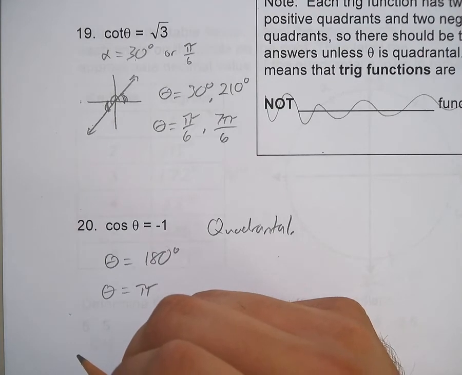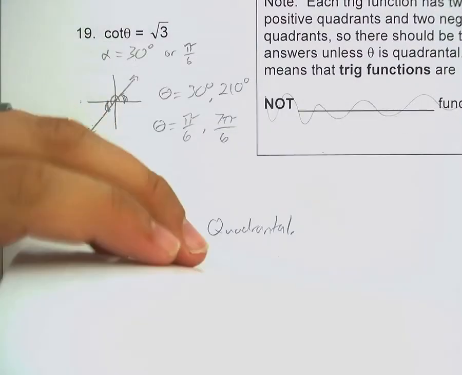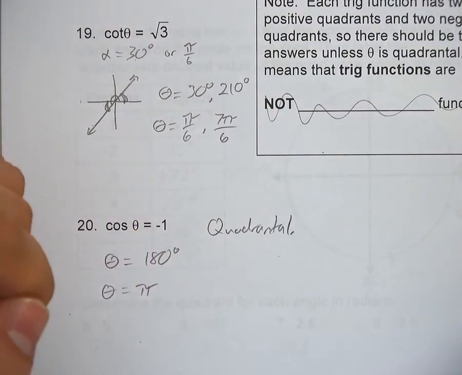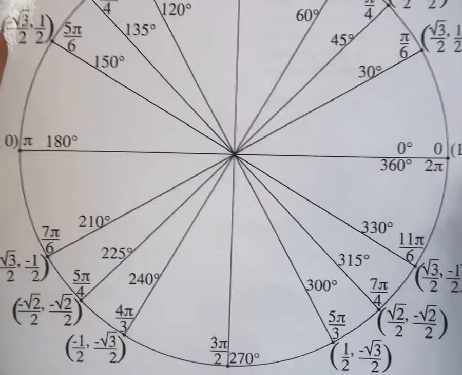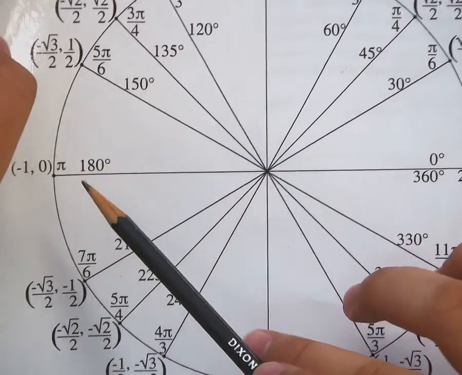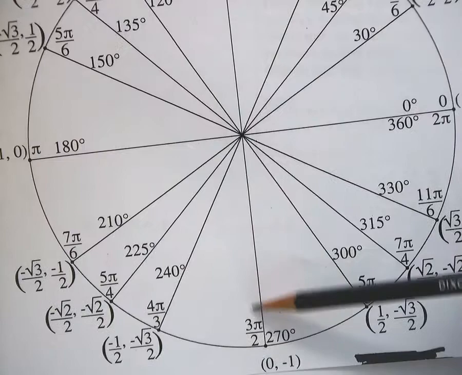So a little side note here. Notice that it says cosine is -1, right? Now think about this. Here cosine is 1, here cosine is -1. Here sine is 1, here sine is -1.